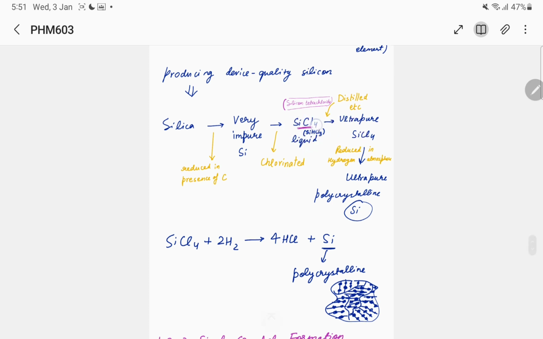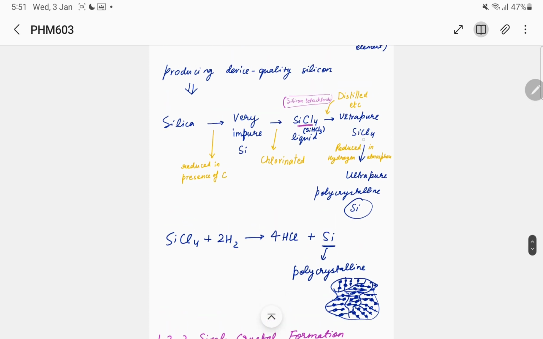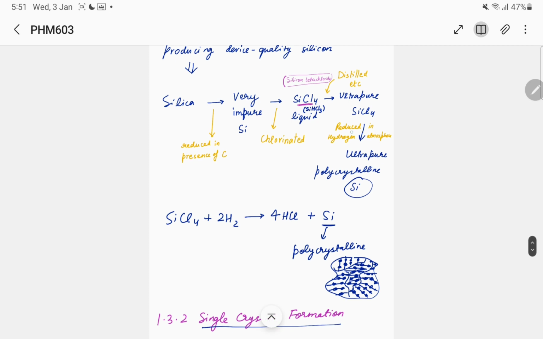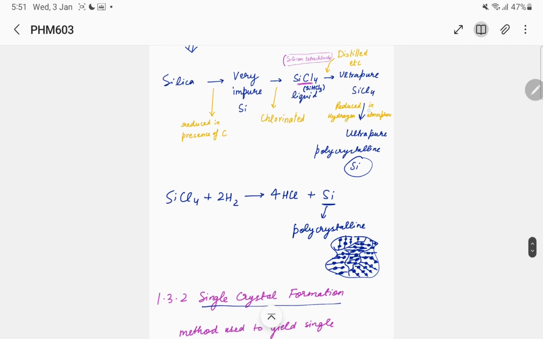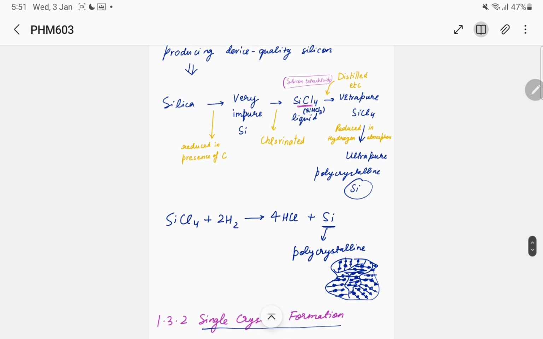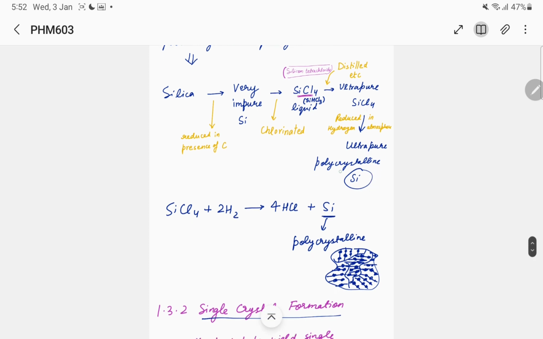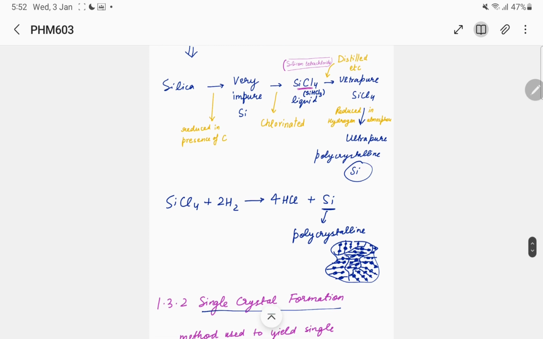After this step we find a very ultra pure SiCl4, and then we take this whole material and reduce it in hydrogen atmosphere, and then we find ultra pure polycrystalline silicon.